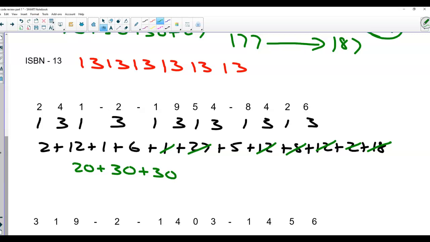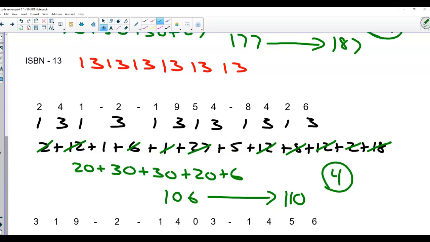Let's see. 6 and 2 is 8, and 12 is 20. And I'm left over with a 1 and a 5, which is 6. 50, that's 106. I need to get to 110. Next multiple of 10.